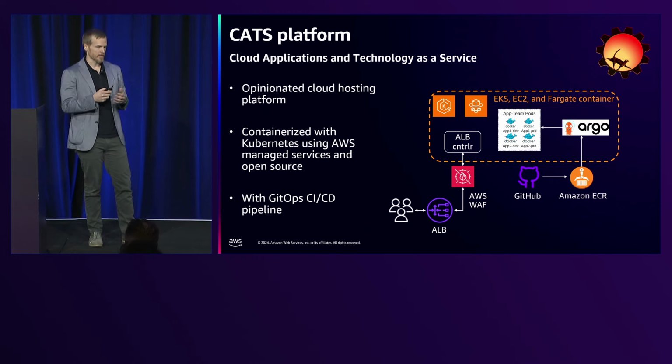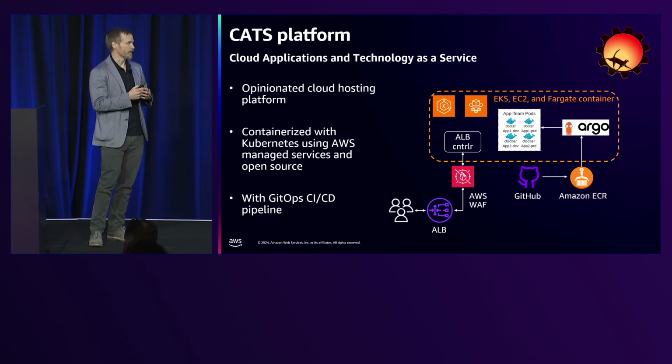And this is a highly simplified diagram. But some of the key points, we use EKS for Kubernetes management. We use EC2 and Fargate for container execution. And we have other AWS services integrated into it, like S3, RDS, Secret Manager, a whole slew of things.